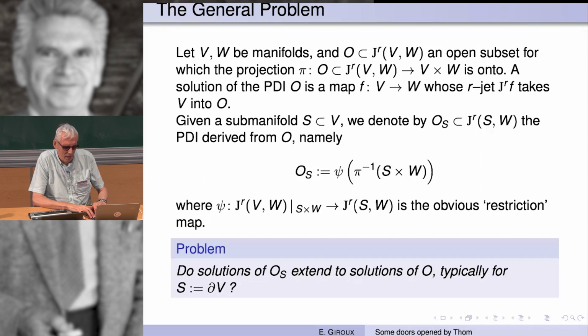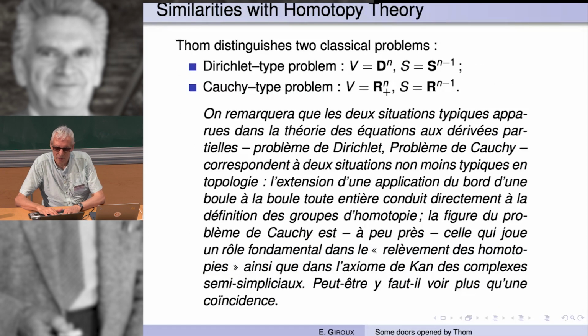And he distinguishes two important problems of that kind. What he calls Dirichlet type problems, which is the case when your manifold V is the ball and your submanifold is its boundary. And the second kind of problem that he calls Cauchy type problems, where the manifold V is a half space and the submanifold is its boundary, okay?